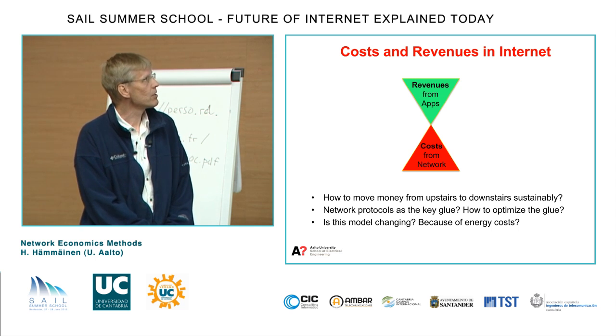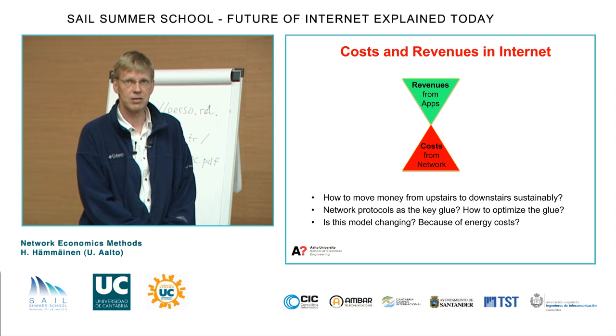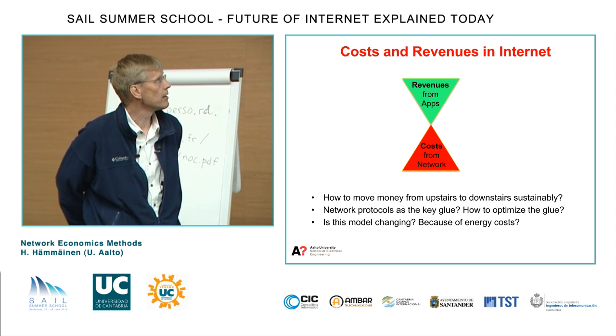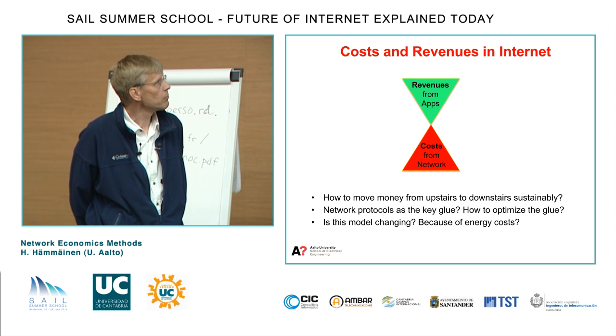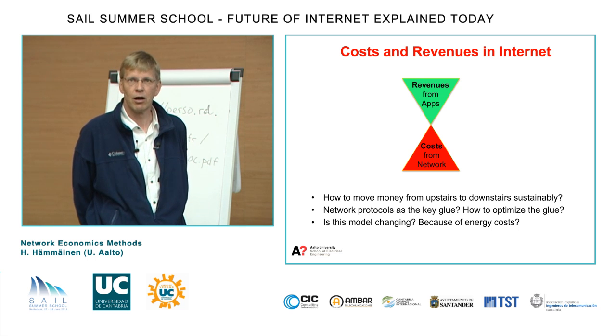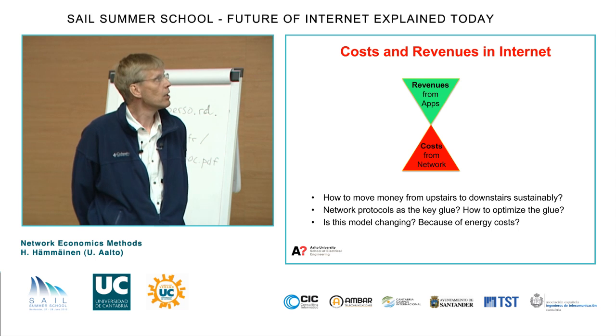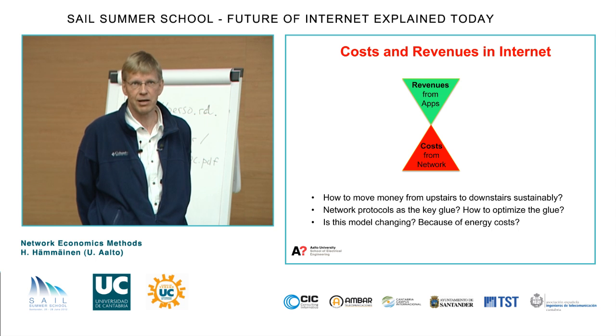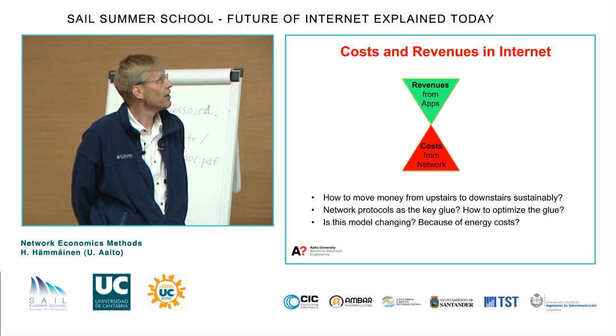But you can use actually the same hourglass model to describe the business aspect of internet. This is of course a highly simplistic figure, but it basically says that most of the revenues are collected from users on the higher layer protocols, on the applications. So users understand applications and content, and they understand that it's useful, they need it.